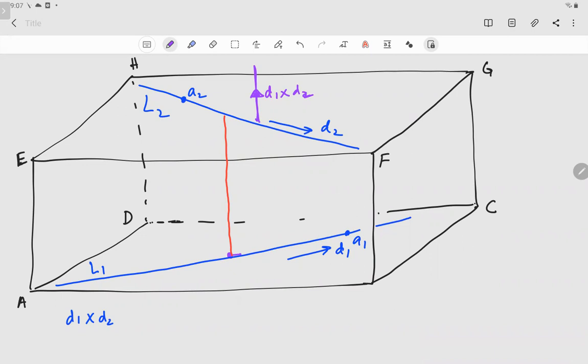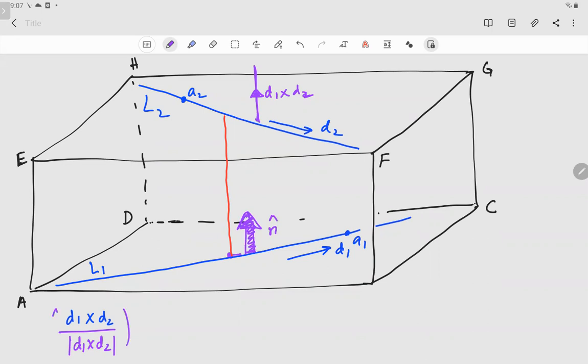Hence, it is perpendicular to the floor and the ceiling of the room. Now, if I divide this D1 cross D2 by its own magnitude, I get a unit vector which is perpendicular to the floor and to the ceiling.